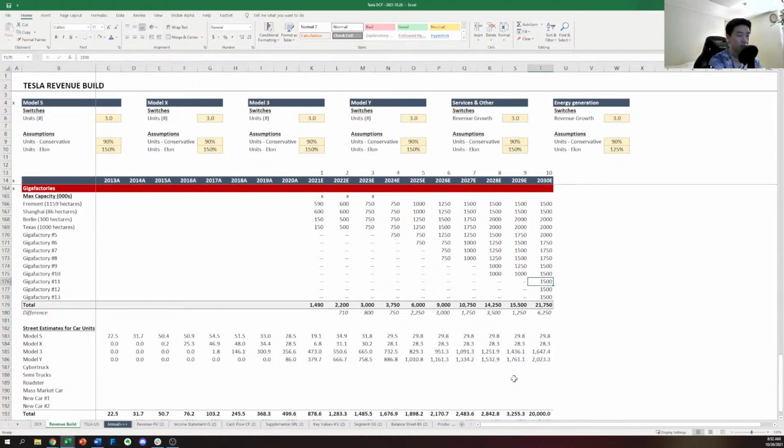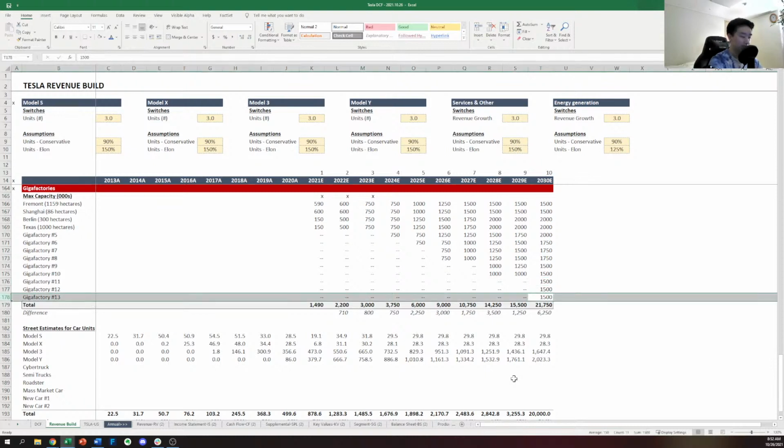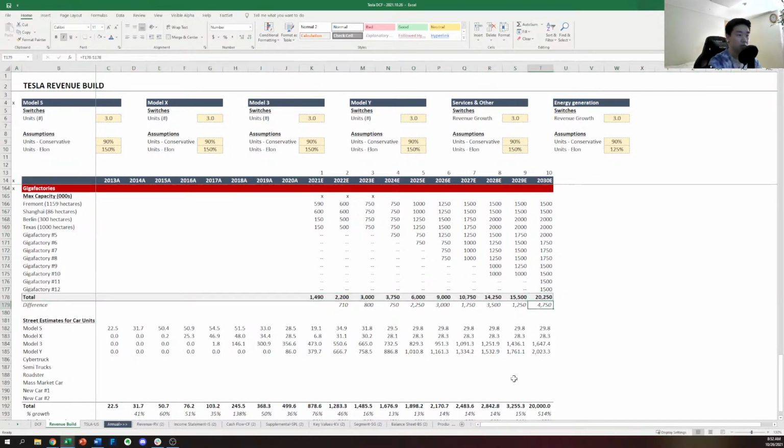And 1,500, 1,500, 1,500. 3 new gigafactories is probably too much in one year. Okay. So 1.5 million in 1 year. Well, they'll be building it from these years on. All right, let's just go with that for now.